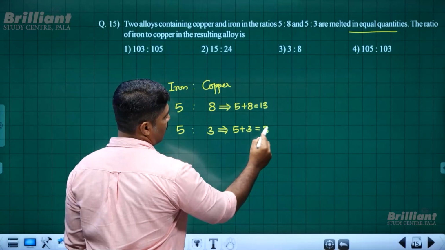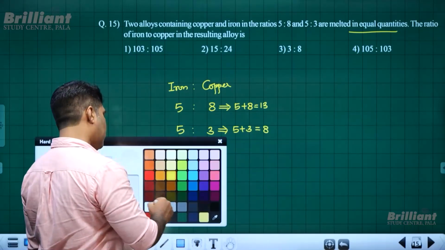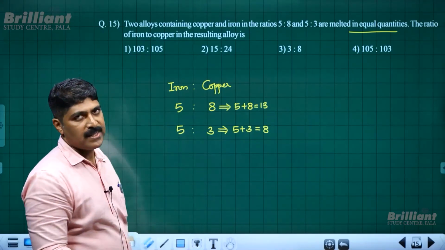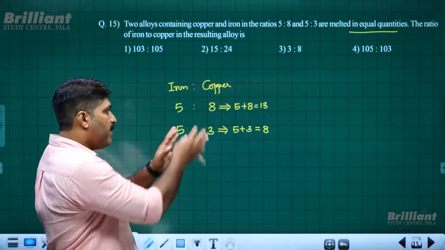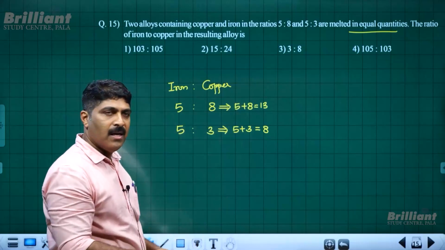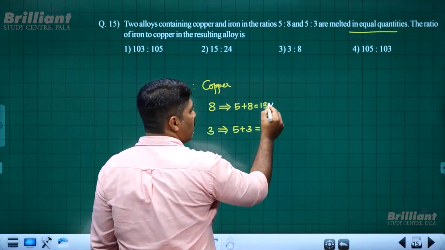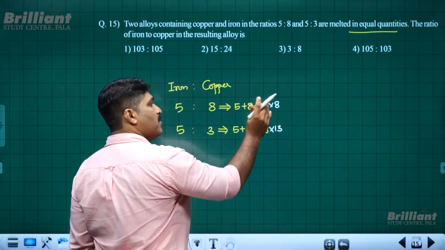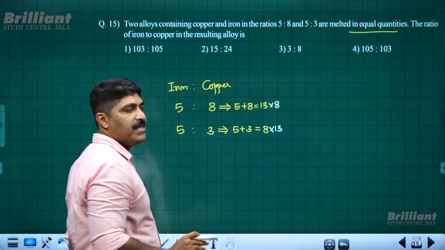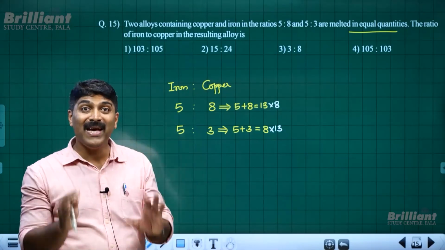That is 8. We want to make those two quantities equal, since we are taking both alloys in equal quantities. For making these values equal, what you have to do is multiply this by 8 and this by 13. So this is 13 into 8 and this is 8 into 13. Both the values become equal.